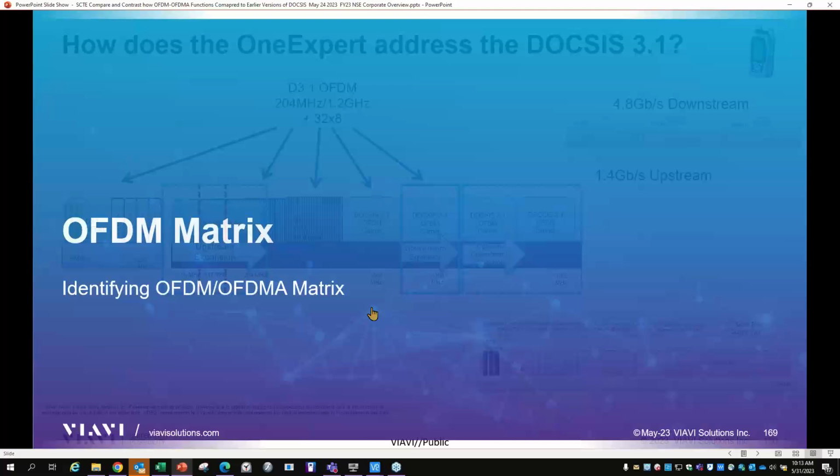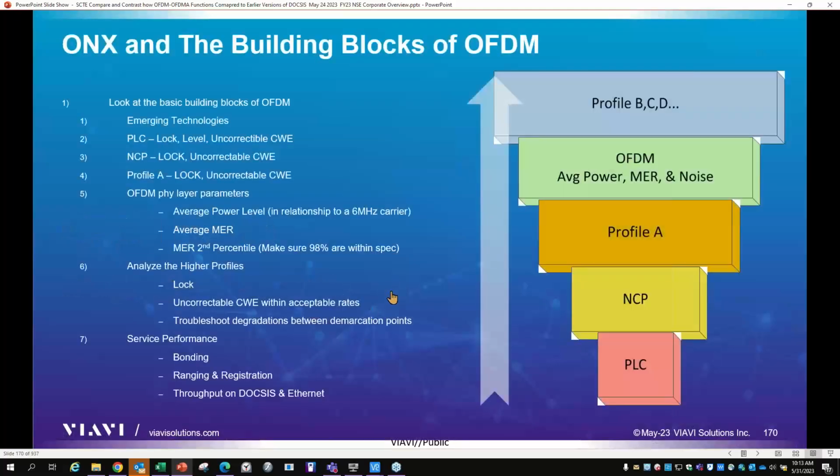So let's look at the matrix that we're going to talk about. Let's go through some of this for the OFDM carrier, as we go forward, with the capabilities and the recommendations for each individual one. Notice that from a hierarchy standpoint, the PLC is the most important, then the next codeword pointer, the profile A, then the average power, and then all the rest of the profiles.